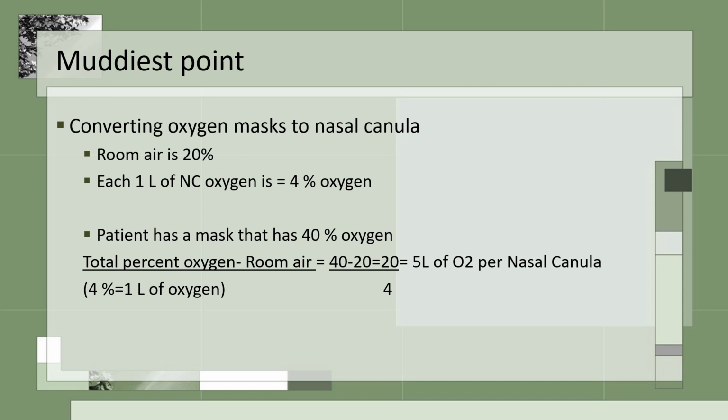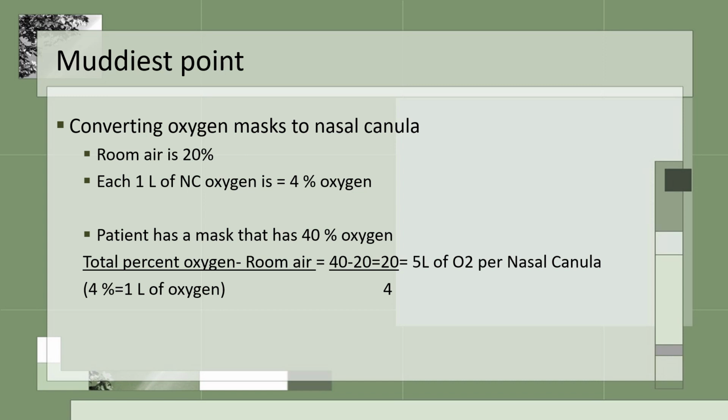So basically the formula is total percent of oxygen the patient is on in a mask minus room air divided by 4. Okay? So the 4 is the 4%, which equals 1 liter of oxygen.